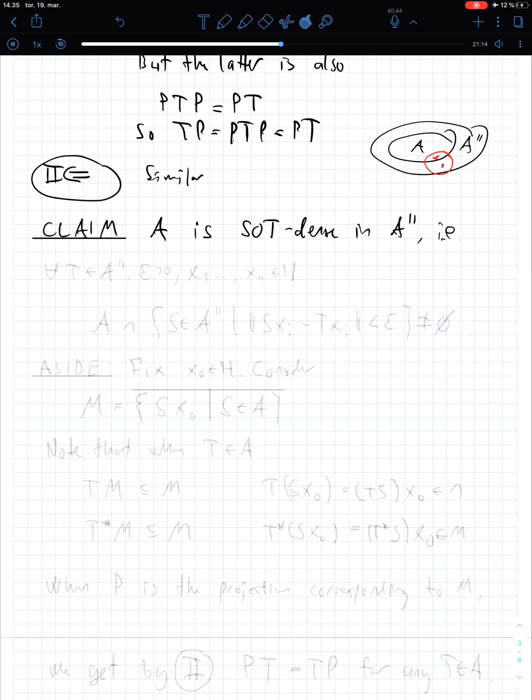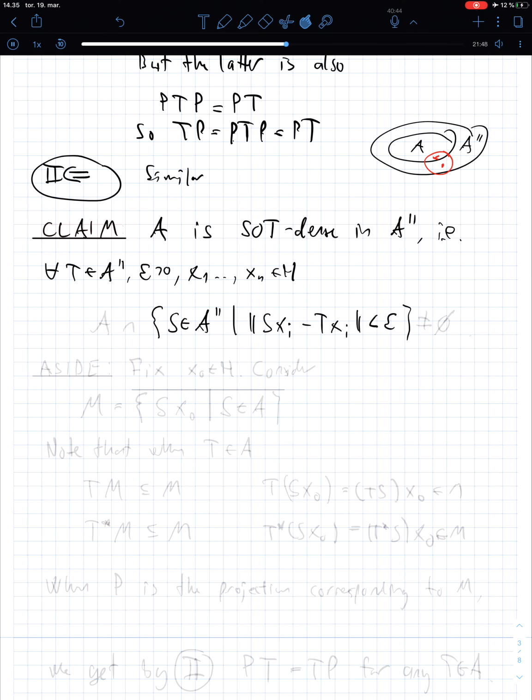So what I want to prove is whenever I have a T in A double prime and an epsilon and some vectors xi in H, then if I look at the appropriate neighborhood of T, so that would be the S's lying in A double prime, such that the distance between S and T, compared on the xi's, is less than epsilon.